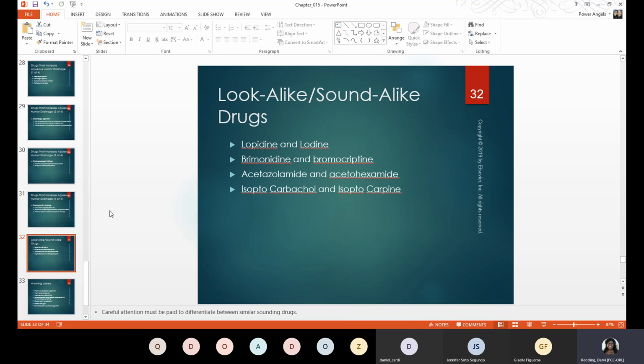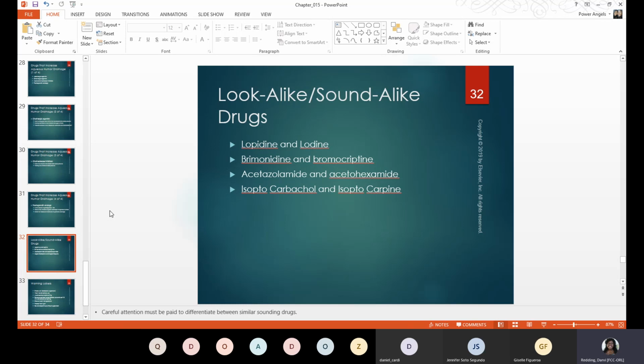Some examples are lopidine and lodine. Then you have brimonidine and bromocriptine. You have acetazolamide, and then you have acetohexamide. Those really sound similar and even look similar.